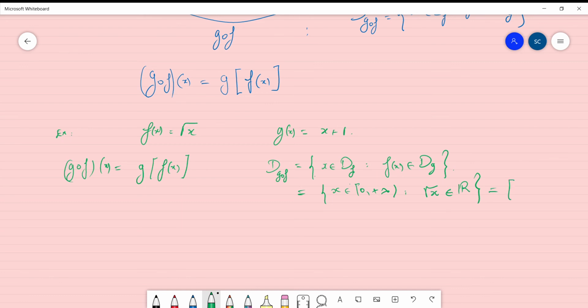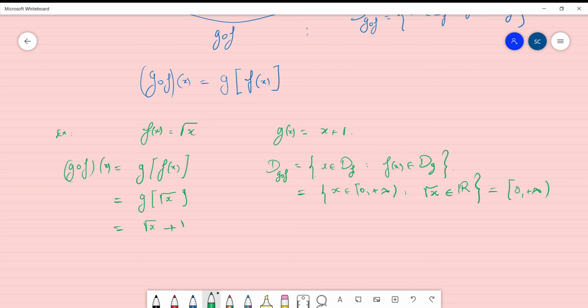As long as this quantity is in R, all those x's satisfy this statement. So yes, this is my set. And here is my formula now. g of f(x), g of this real number, is square root of x plus 1. f(x) is square root of x, then g of the square root will be square root of x plus 1.